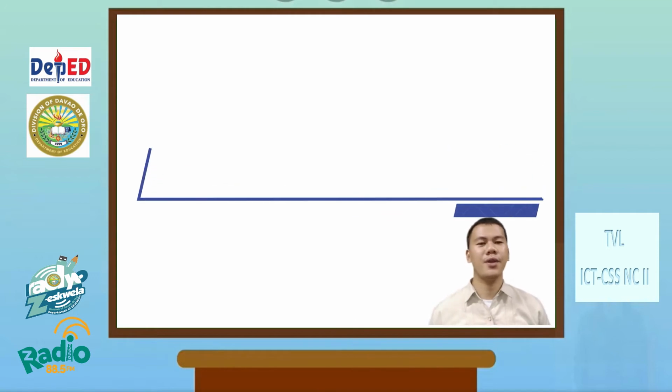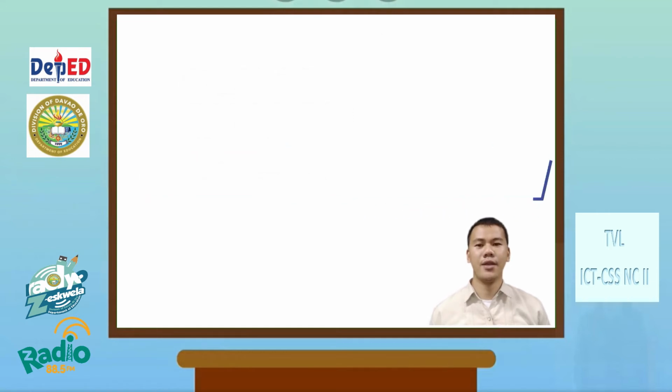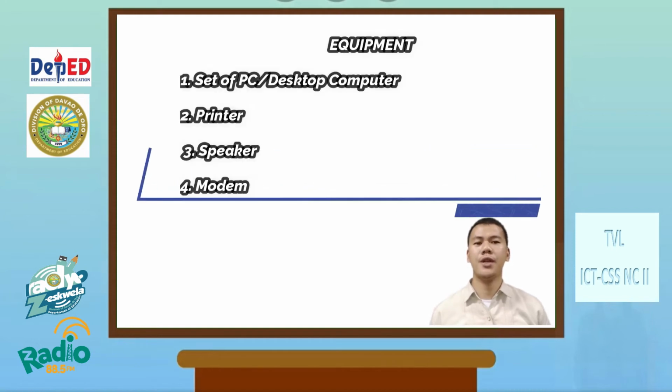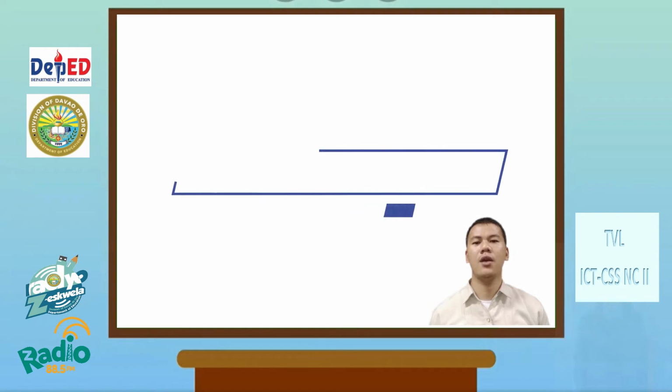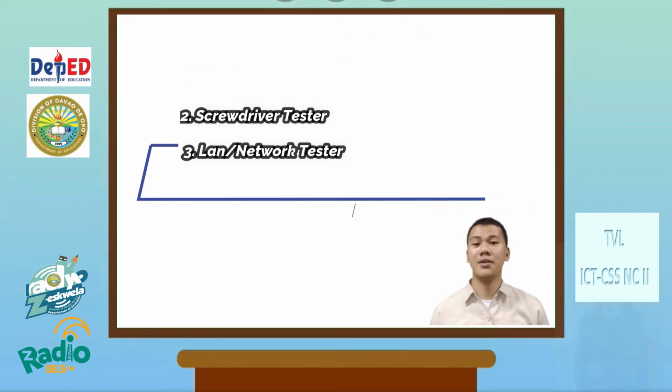Those are Phillips screwdriver, flathead screwdriver, long nose pliers, and anti-static device. For equipment, we have PC or desktop computer. We have the printer, the speaker. How about the testing devices? We have the multimeter, the screwdriver tester, and the LAN tester.